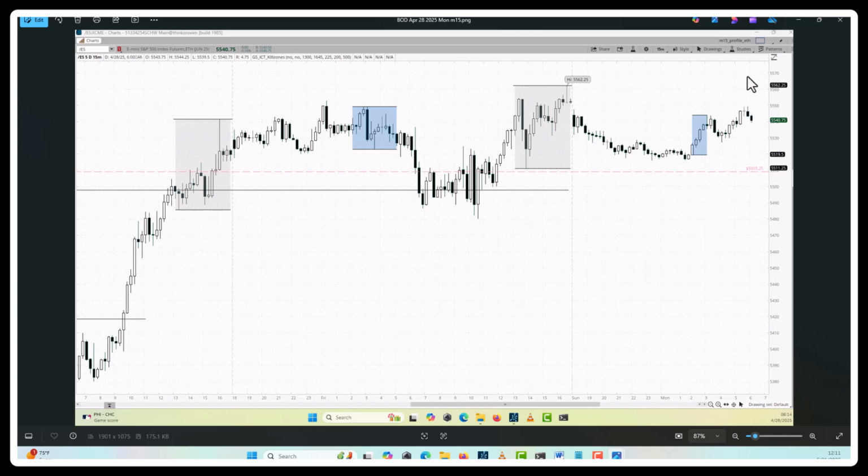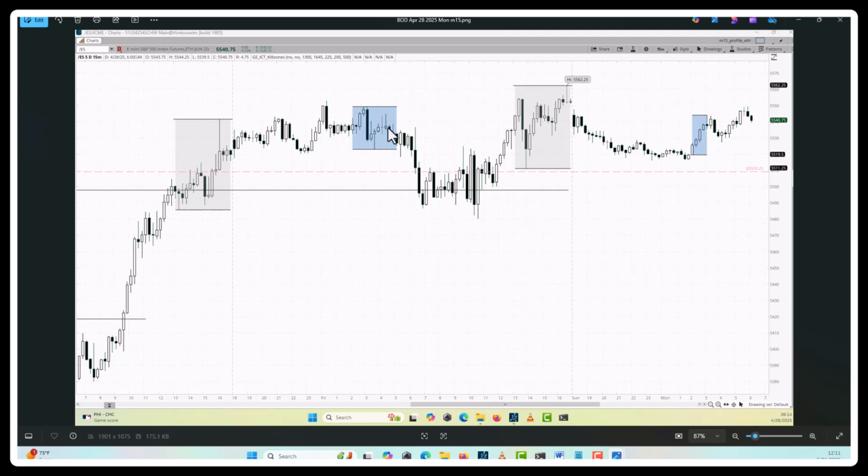It would be nice if we do a Judas swing, take out the liquidity, the high of the Friday PM or the Friday high also. In this case, the Friday PM is also the Friday high.